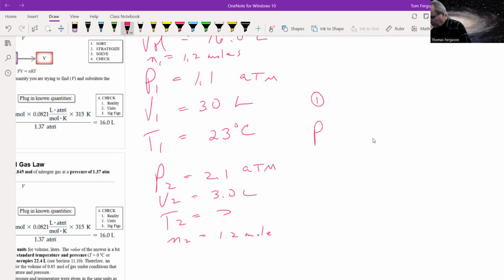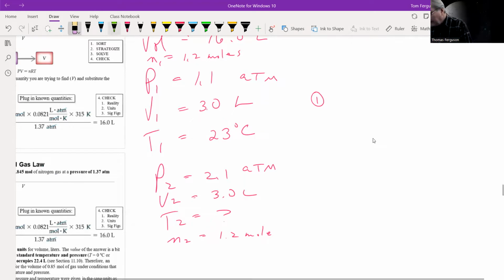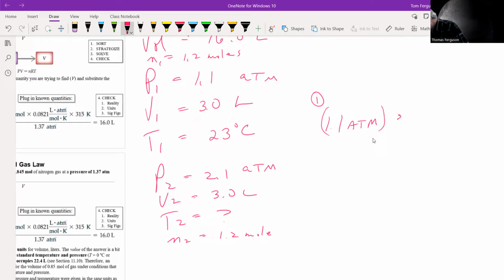Okay, the pressure is going to be 1.1. The volume is 3. Temperature is 23 plus 273, which is going to be, what, 296.